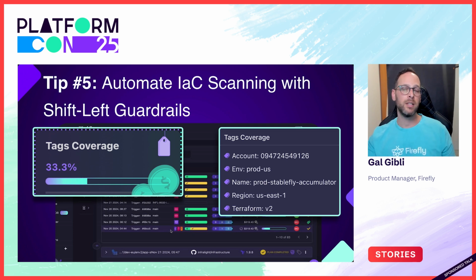Fewer security incidents, faster CI/CD pipelines, smoother compliance audits. So automating these checks actually empowers the developers to catch the issues before they hit production. It will minimize downtime, it will reduce manual reviews, and more.